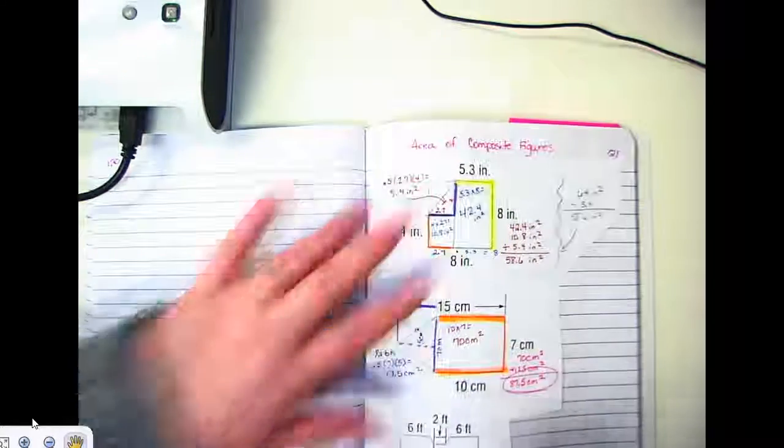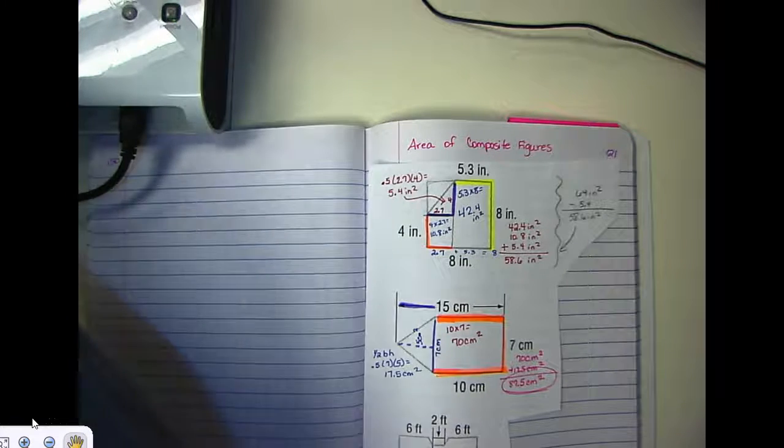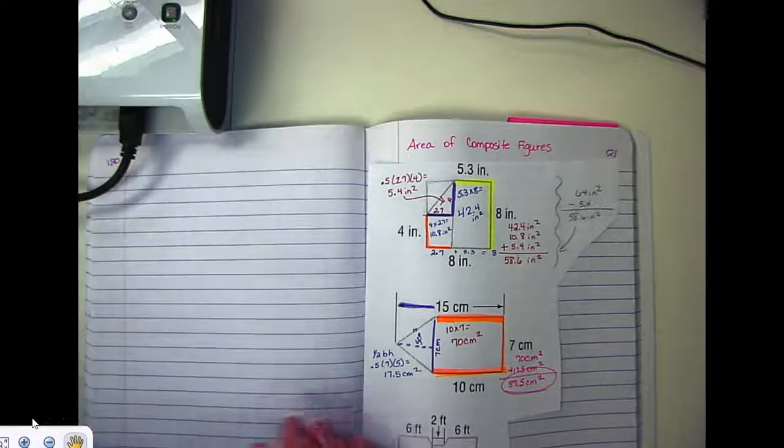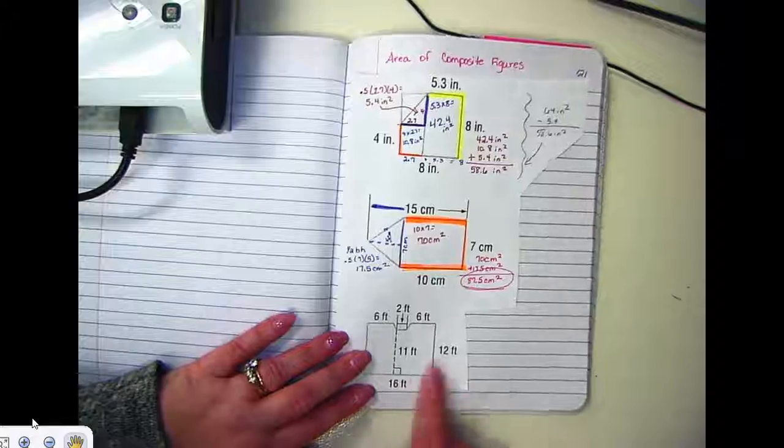Composite figures just means more than one figure pushed together. And then we're going to look right down here. We're going to do this work right down here.